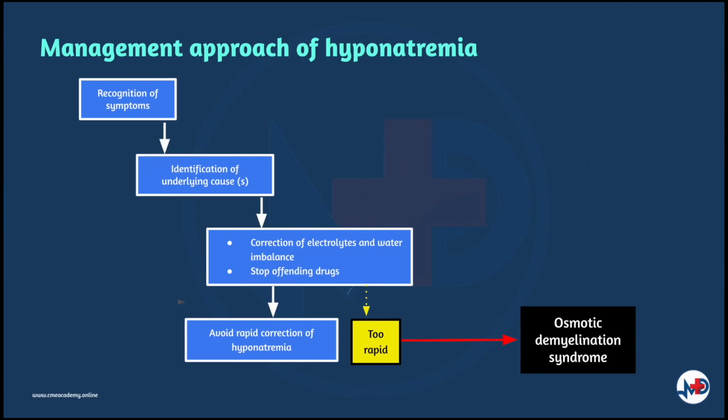For hyponatremia, the principles are in the following sequence, where you first recognize the symptoms and then identify any underlying causes. Subsequently, correct the electrolytes and water balance, and stop any offending drug if any. Lastly, avoid rapid correction of hyponatremia to prevent osmotic demyelination syndrome.